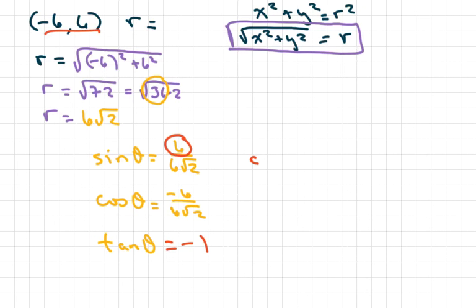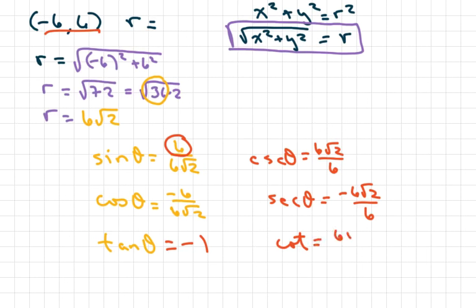And you flip everything, so cosecant of theta is 6 square root of 2 over 6. And secant is the same thing, but negative, so -6 square root of 2 over 6. And cotangent is going to be 6 square root of 2 over -6 square root of 2, so that just equals -1 again.